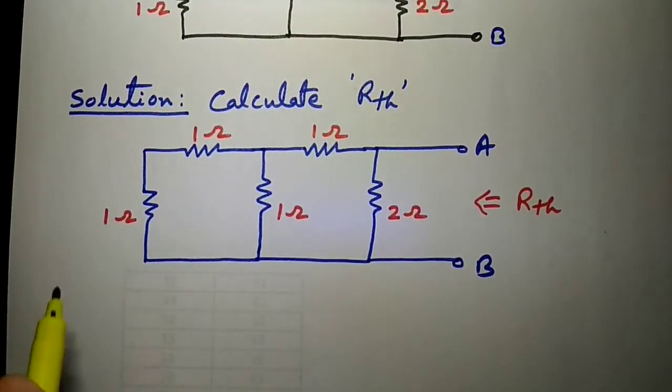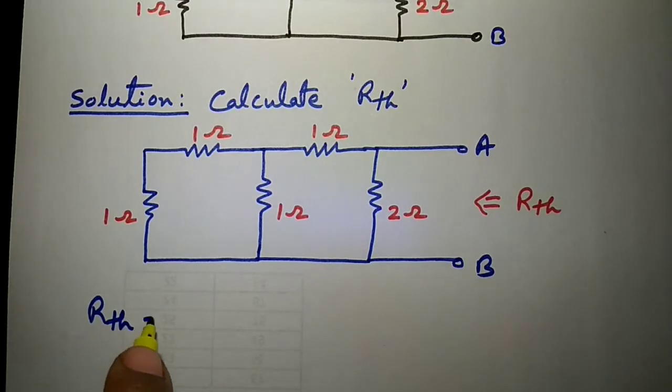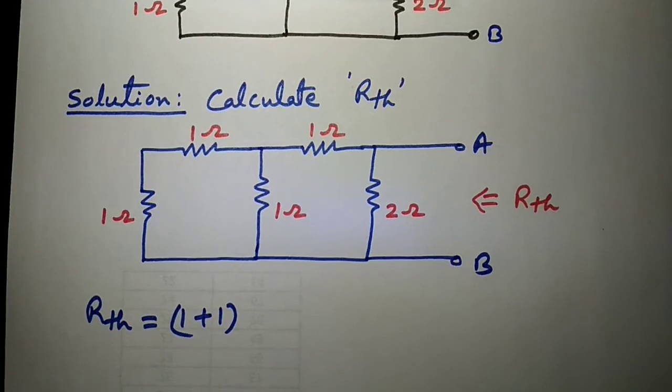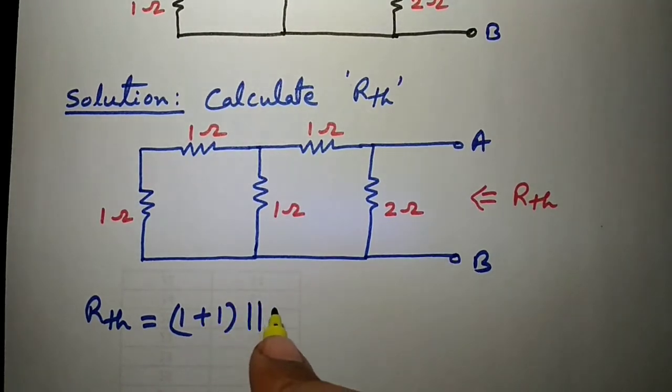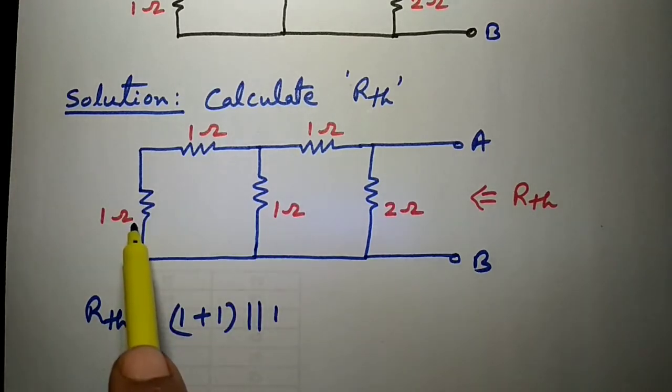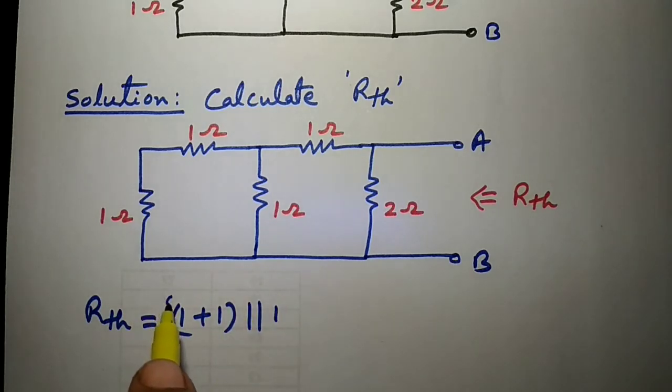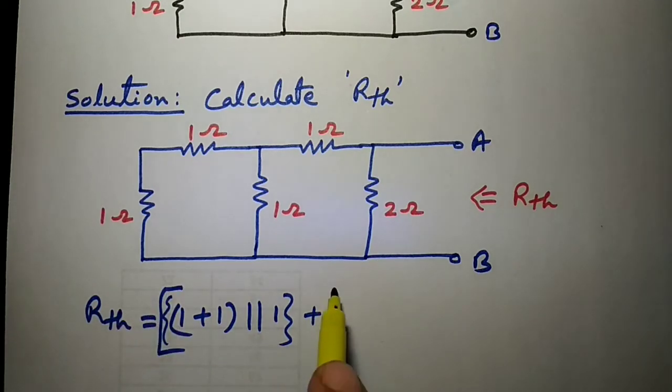So if we want to calculate RTH, it will be 1 plus 1 in series, with this 1 in parallel. Then with this combination, this 1 will be in series, and finally this value will be in parallel with the 2 ohm resistance.